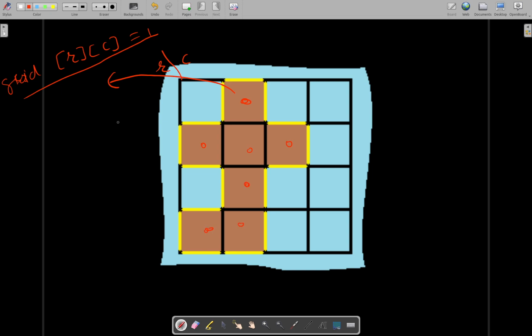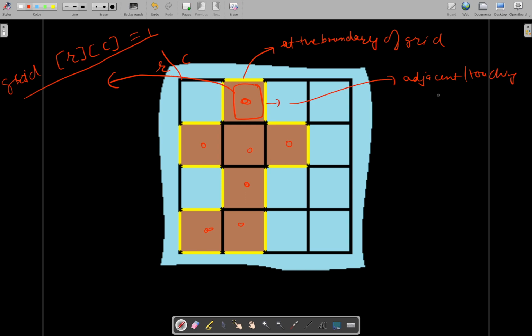What is the thing that you will be checking for? You will be checking one of two things, actually. Either one of the sides of this particular cell, let's say you are in this cell, is at the boundary of the grid, or one of the sides is adjacent to, or touching, a cell having water.